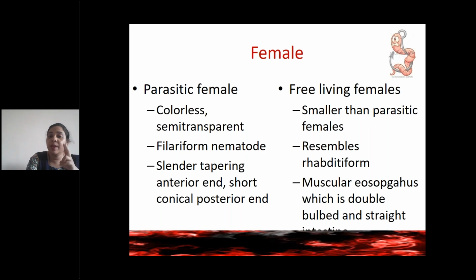Whereas free-living females, okay, they are usually shorter than males and they resemble rhabditiform larvae and consist of a muscular esophagus, which is double-bulbed and straight. Okay, this first part, smaller than females, that is for free-living males.